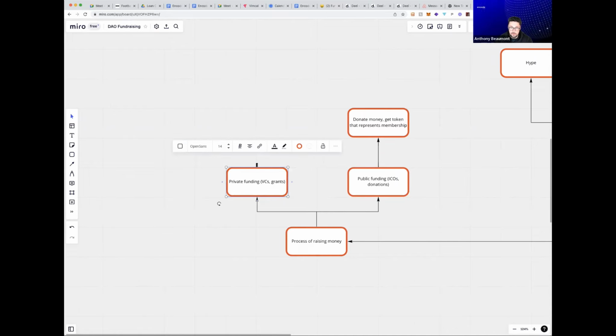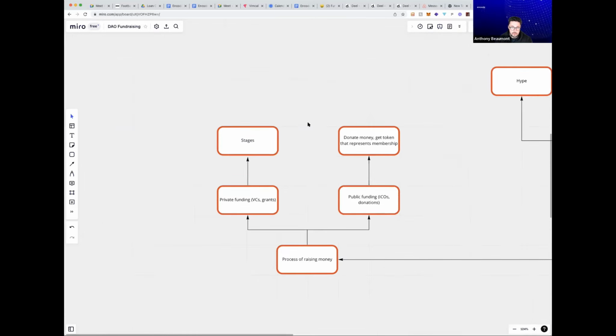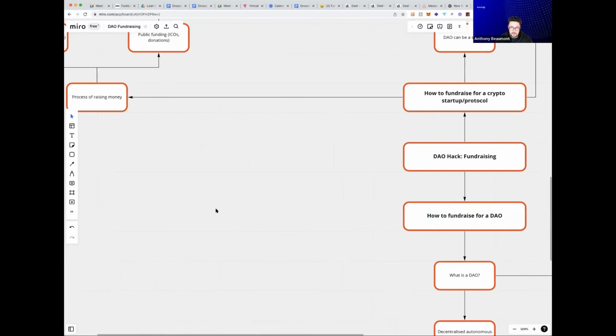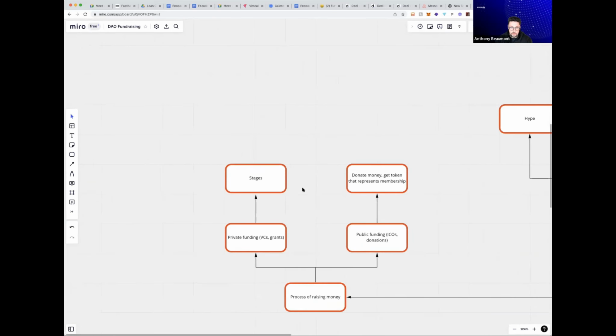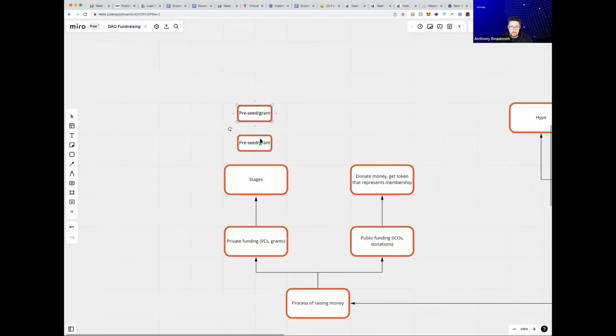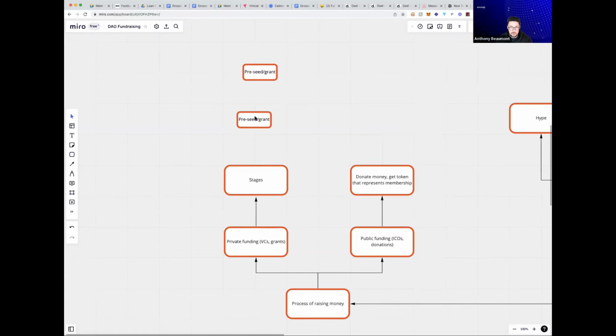The traditional route is private funding, and I think there's broadly a few stages of private funding, which I'll talk about now. Let me do it like this. I'm going to call it pre-seed / grant. I'm actually going to go even a step before: hackathon / ideation.